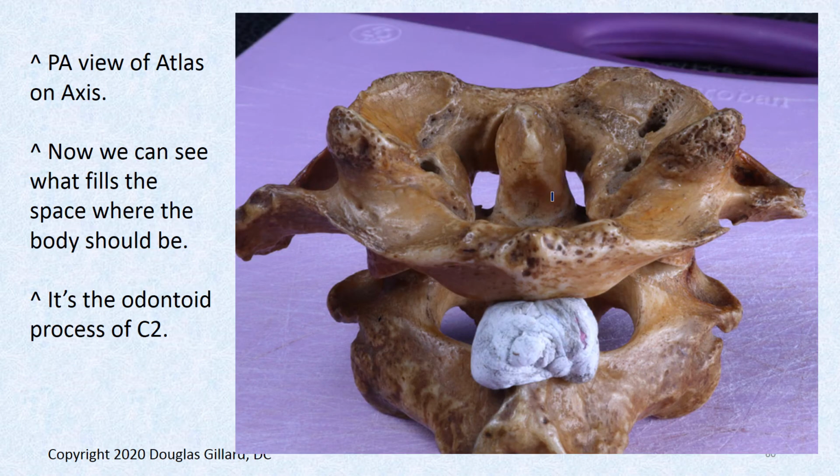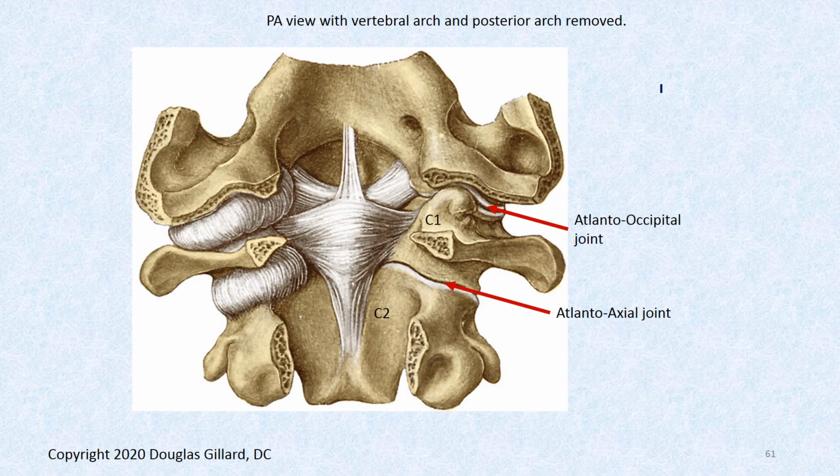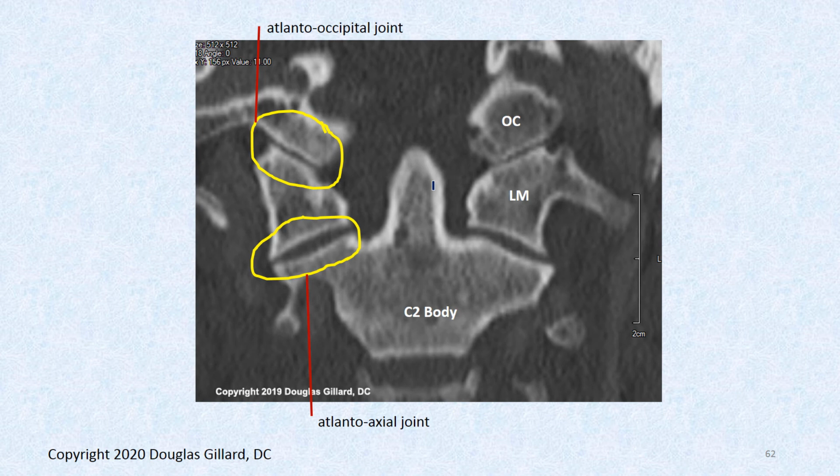All right, there's just an A to P or P to A view where you can see the dens, and the condyles of the occiput would fit here. You can also see on this cartoon the atlanto-axial joint. There's the atlanto-occipital joint. Let's do a CT scan.